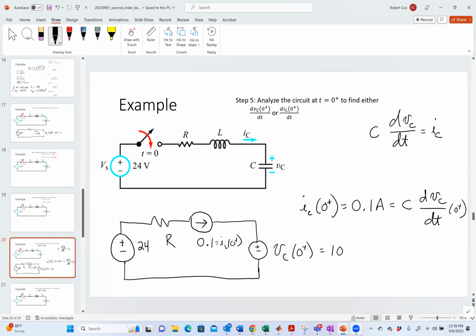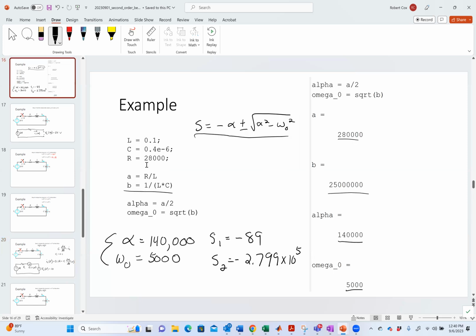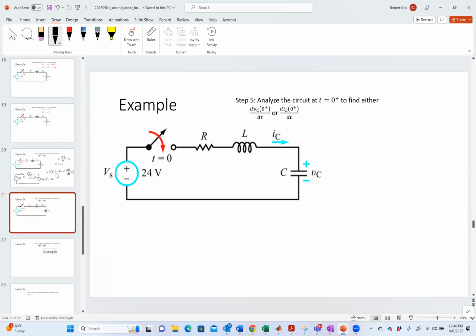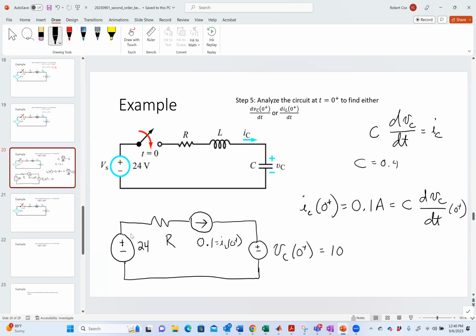Now, I know what C is in this particular problem. C is equal to 0.4 times 10 to the minus 6. Is that a weird number? Not really. That may sound weird to you, but 0.4 microfarads is pretty normal. It's actually pretty big for a capacitor.